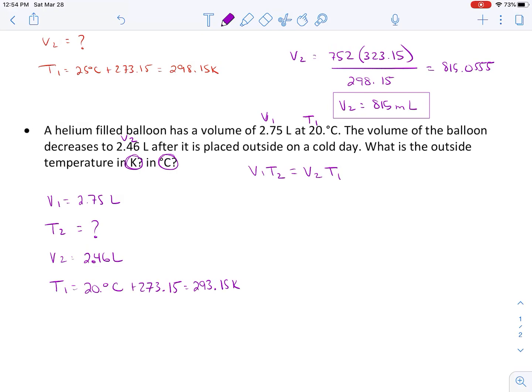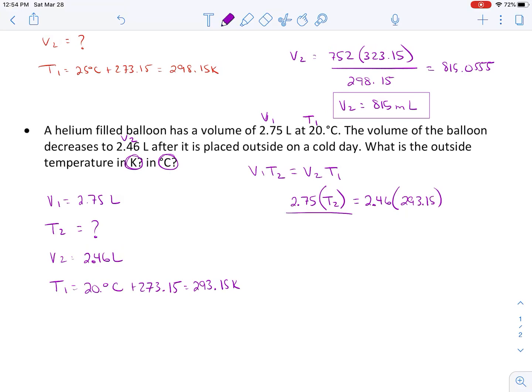All right, so let's plug all this in. We have 2.75 times T2 is equal to 2.46 times 293.15. That's a terrible 5. All right, so we'll put a 5 there.